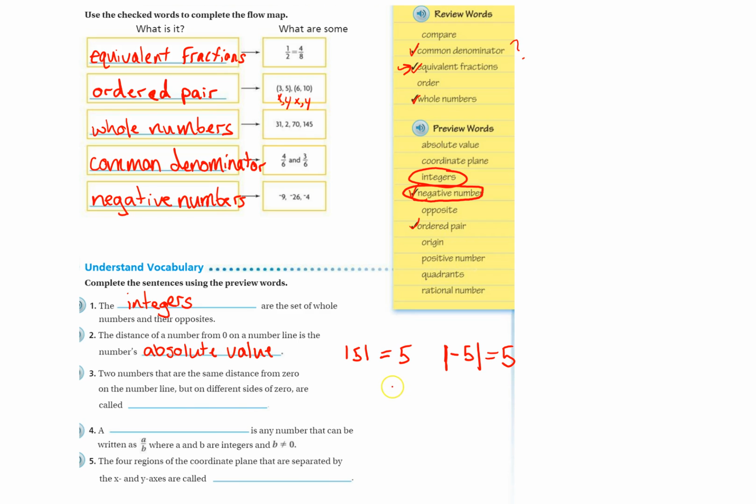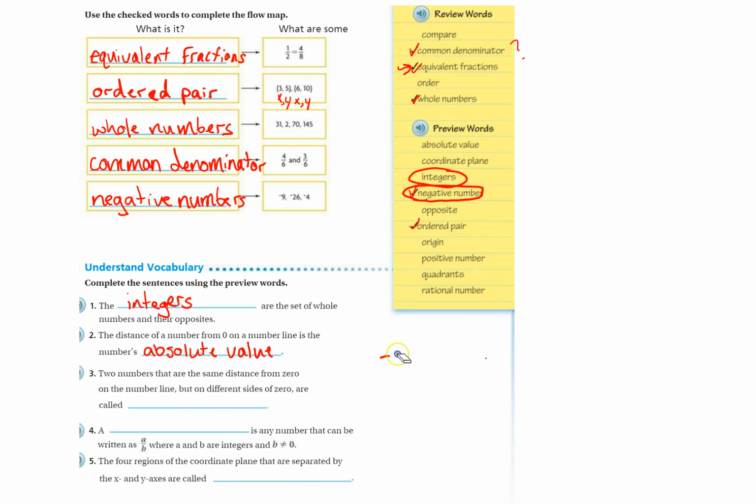Now, one way they kind of trick you is occasionally they'll put the minus sign, the negative sign, outside the absolute value lines. When they do this, then it does stay negative 5. This negative, since it's not inside the absolute value lines, gets kept in this situation. Okay, I'm going to erase, you don't need to.